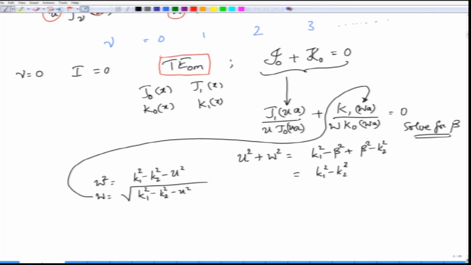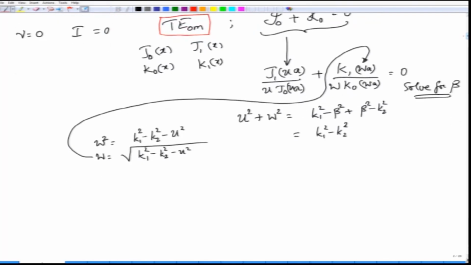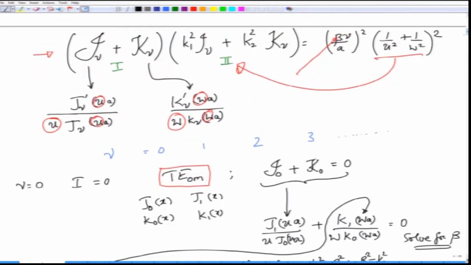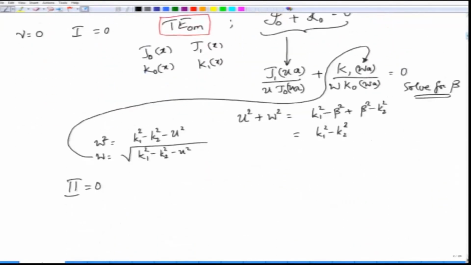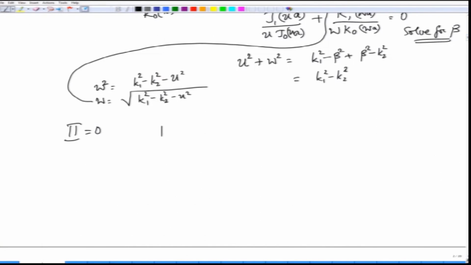Okay. Now, suppose this is not the term that is 0, suppose the second term is equal to 0, which implies that you go to that equation K1 square J0 plus K2 square K0 must be equal to 0. Again you can use some recurrence relationship. So, you have K1 square script J0 plus K2 square script K0 is equal to 0.